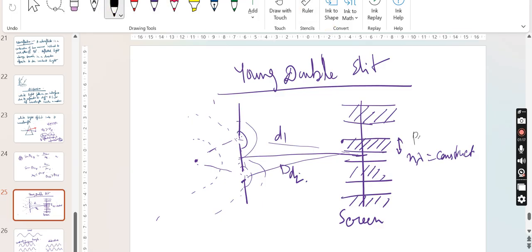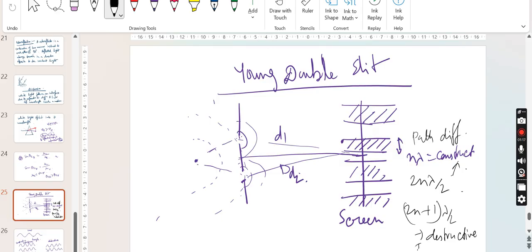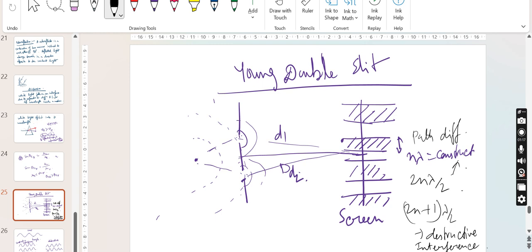If the path difference equals n lambda, or 2n lambda by 2, then this is constructive interference. But if it is (2n plus 1) lambda by 2, then it is destructive interference. More discussion on interference will be done this way.